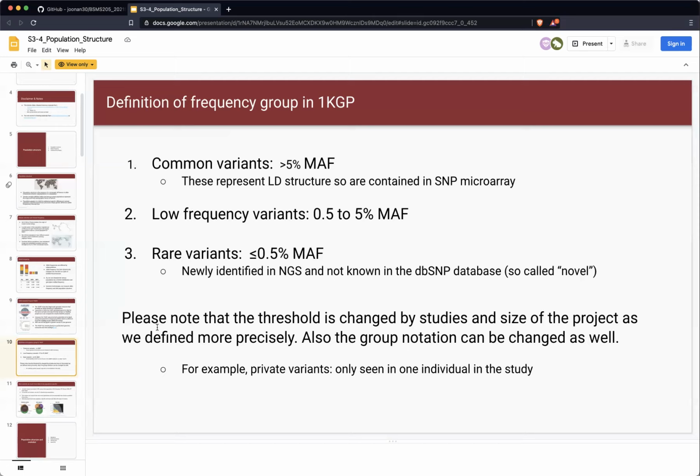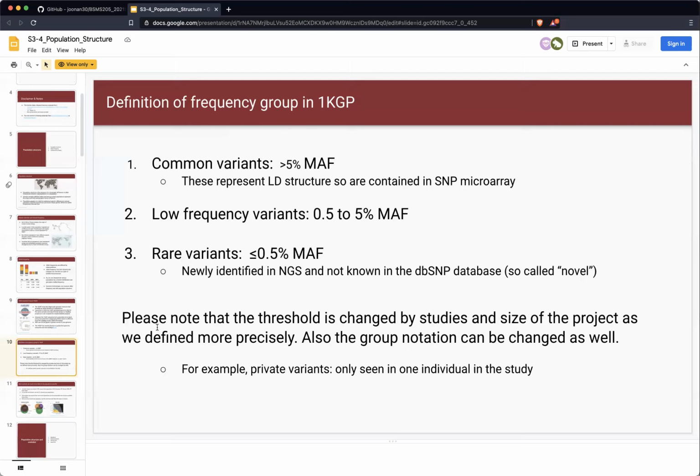So this is the sort of the merit of using the next generation sequencing technology in the 1,000 Genomes Project, and they defined this rare range, which is less than 0.5% allele frequency, and within that range they defined the rare variants.